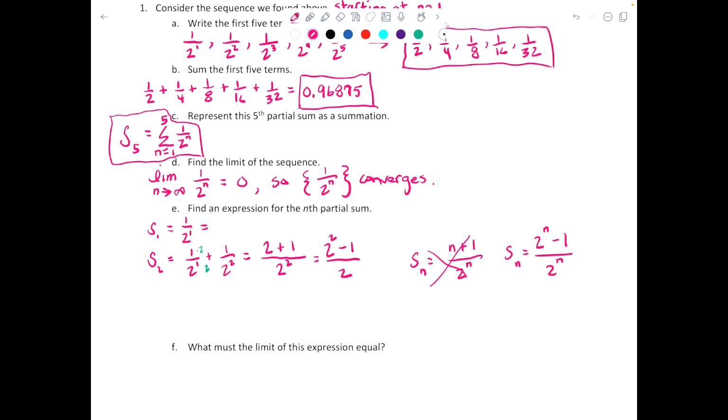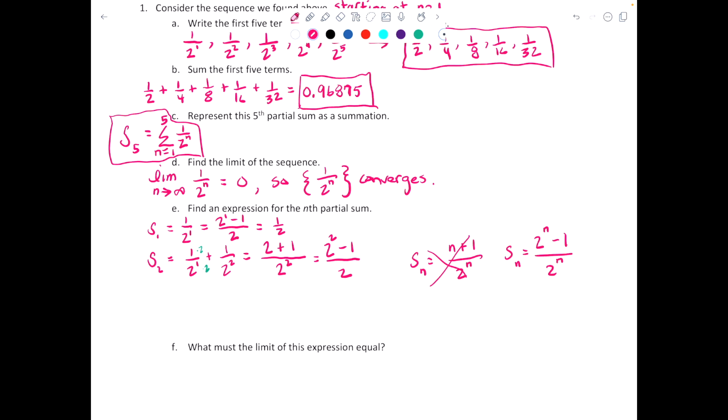So let's see if that works for the first one. This would be 2 to the 1 minus 1 over 2, which is indeed 1/2. So it looks like we got it going, all right?